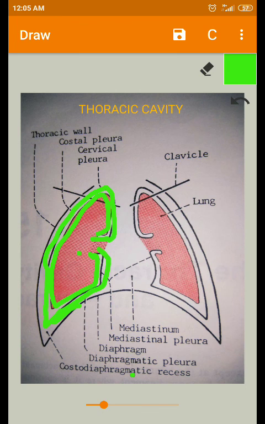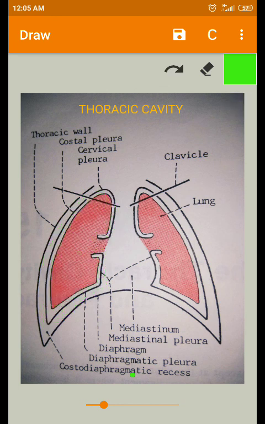And these two layers will not touch anywhere. If you can see here, the outer layer will not touch the inner layer. But these two layers are continuous with each other around the hilum of the lung. Hilum means the root, that means the opening.